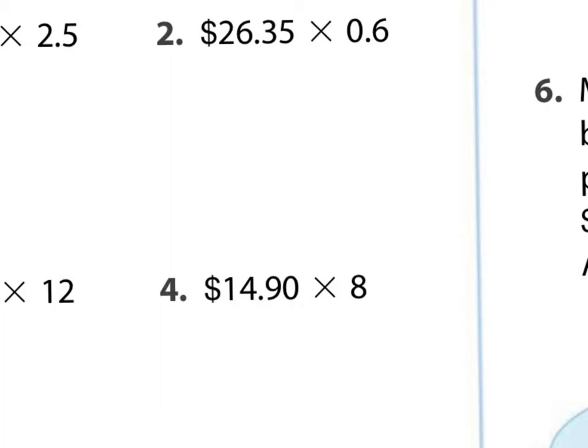All right, so the next one on the guided practice is $26.35 times 6/10. So you're going to set that up vertically because we don't multiply like that. 26 and 35 hundredths, or 35 cents, times 6/10.